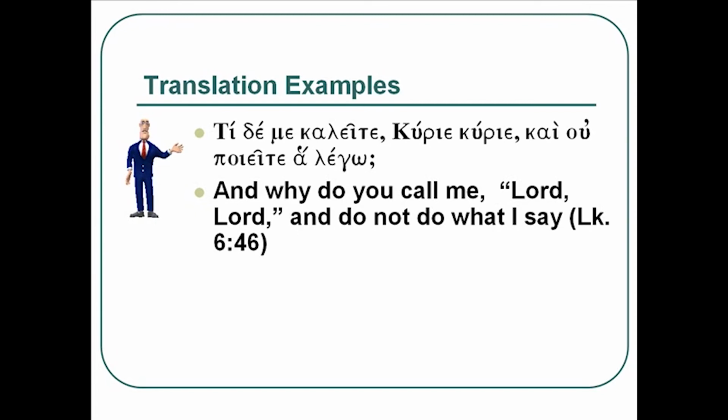Kurie, that's a double vocative, direct address. Lord, direct address vocative. Kai u poieta, and here you've got again the double epsilon hitting on poieo, becoming poieta. Circumflex remaining, telling you there's been a contraction. And do not do, ha, that which, or what, lego, I say, question mark.